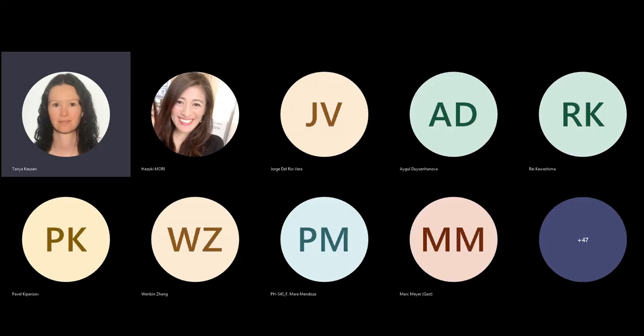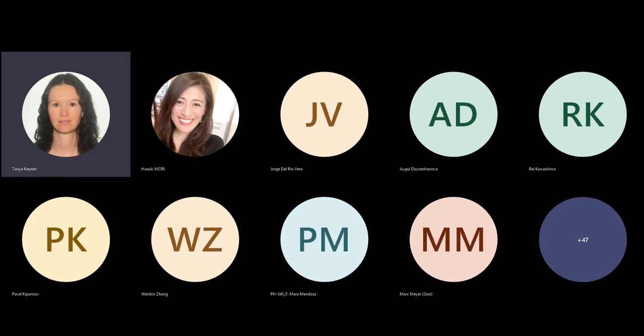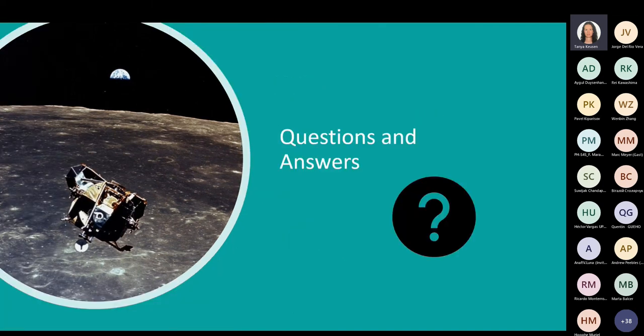I see a couple of questions with similar themes about the motivation of states to make national legislation that's in line with LTS guidance, and then also about the extent of the applicability of the guidance. And I think to this, I would just say that we're seeing that most states, if not all, and also other actors like industry, really want to be seen as good actors in space.